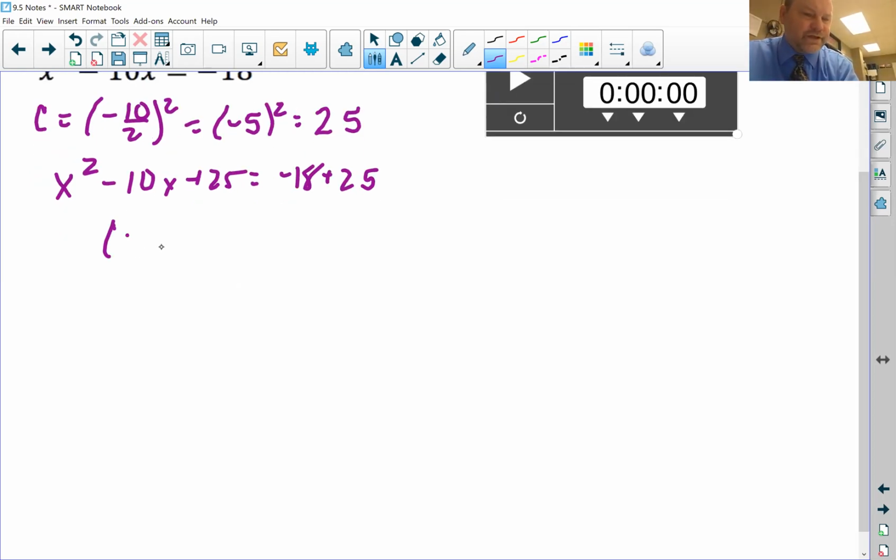Factor the left-hand side, x minus 5 squared. Simplify the right-hand side, -18 plus 25 is 7. Take the square root.